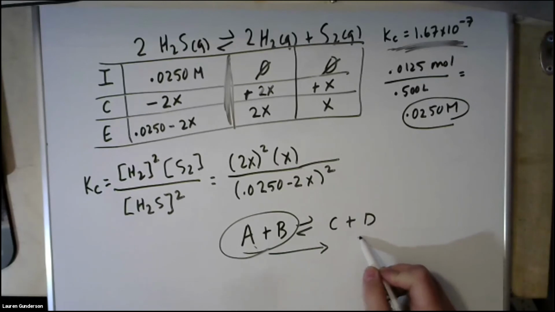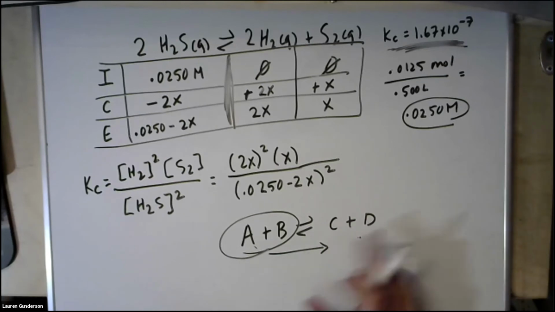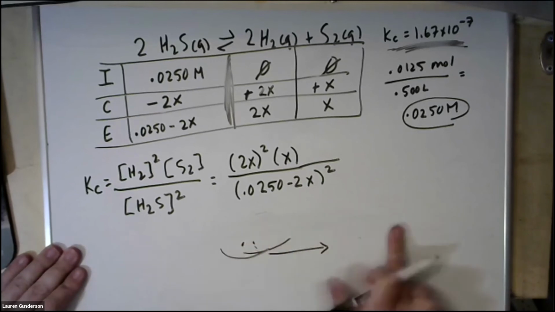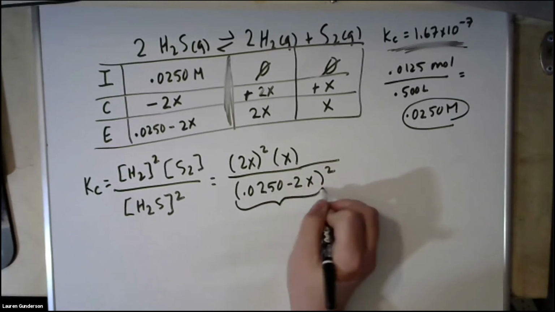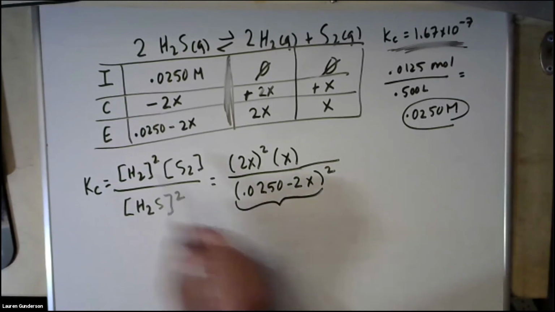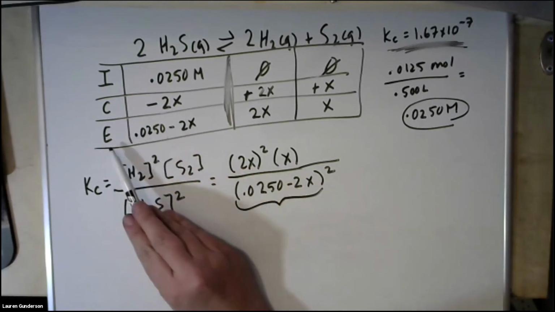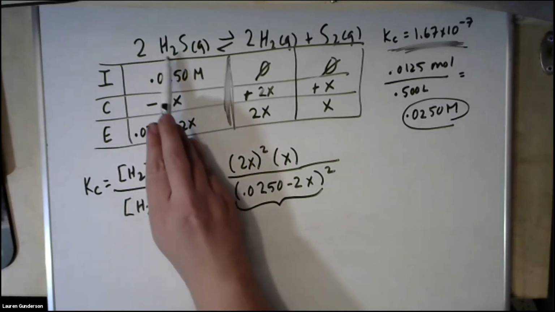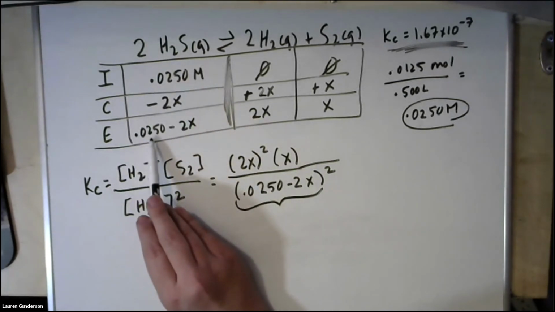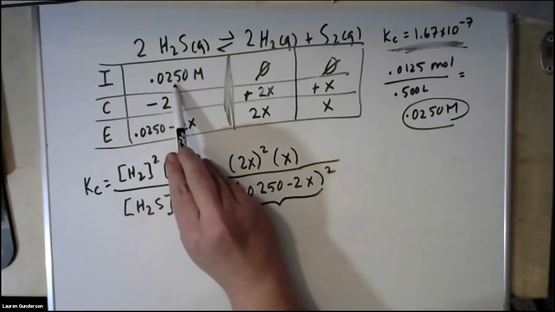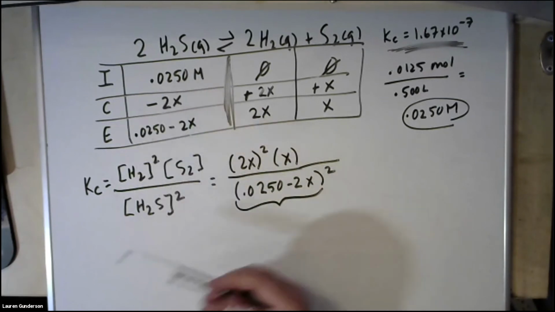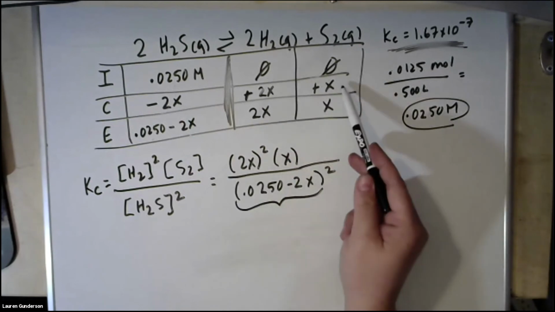All right, what that means for us is when you're looking at the value of this term here, our equilibrium concentration of the H2S is going to be this number minus whatever we lose. That's what this 2x value represents, whatever H2S we use up to make our product.